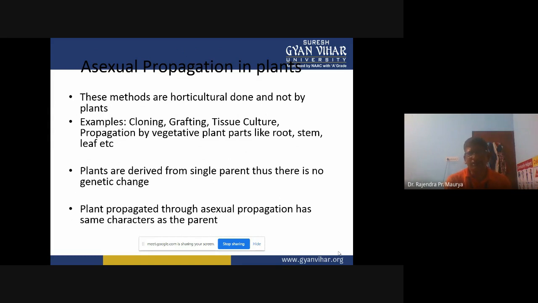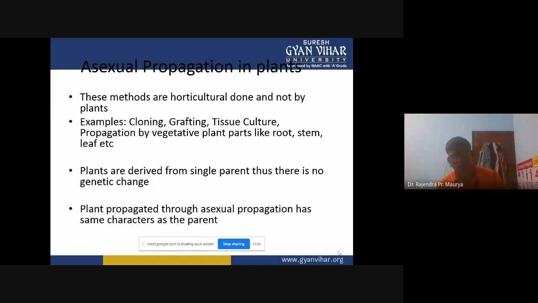So especially in the case of fruit plants, we should avoid seed propagation. That is only useful in the case of vegetables as well as some agronomic crops. Plants propagated through asexual propagation have the same characters as the mother plants.